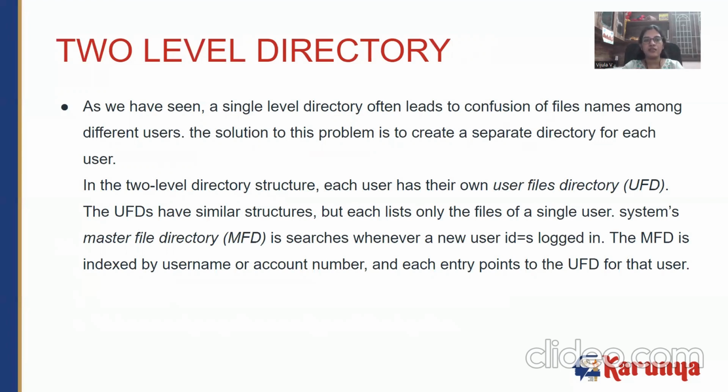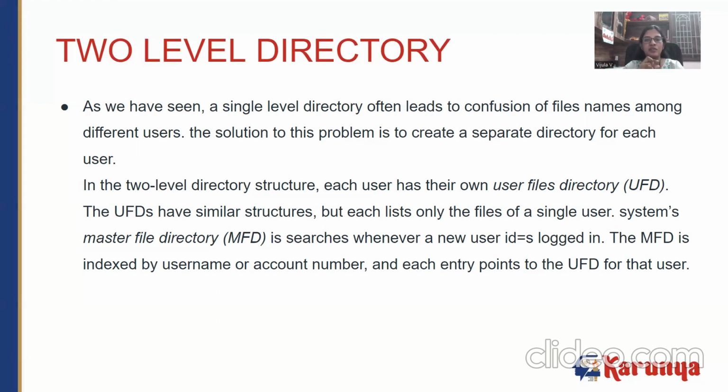In the two-level directory structure, each user has their own UFD, that is user file directory. The UFDs have similar structures, but each would list only the files of a single user. Here we have the MFD, master file directory, which will search and provide each new user a new ID and a login.